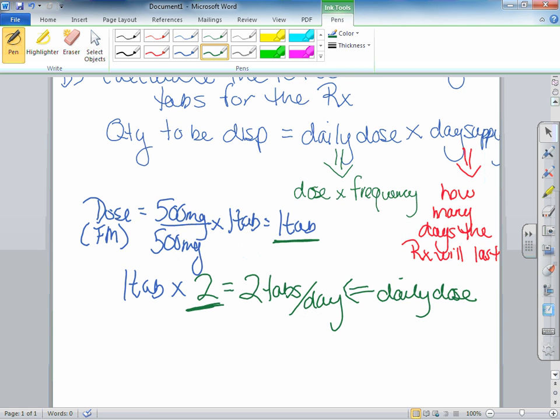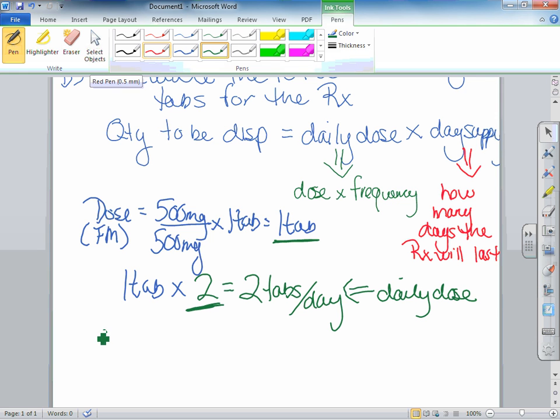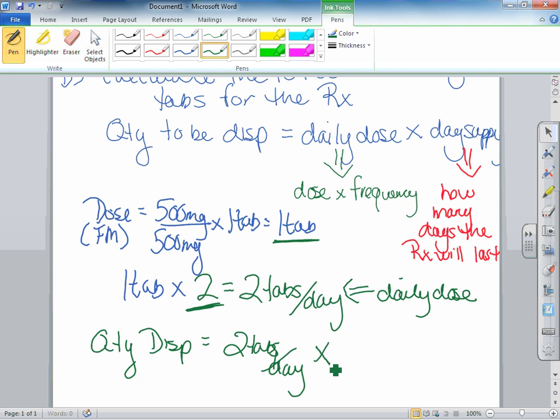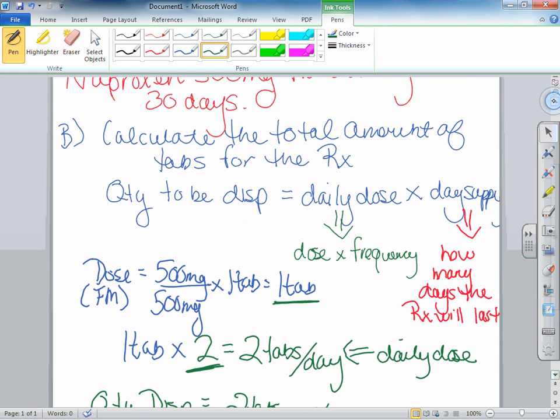Well, now you can calculate how many tablets you need to dispense for the entire prescription. What you're going to do is take that quantity to be dispensed, take those 2 tabs per day, and multiply that by the amount of days the prescription should last.